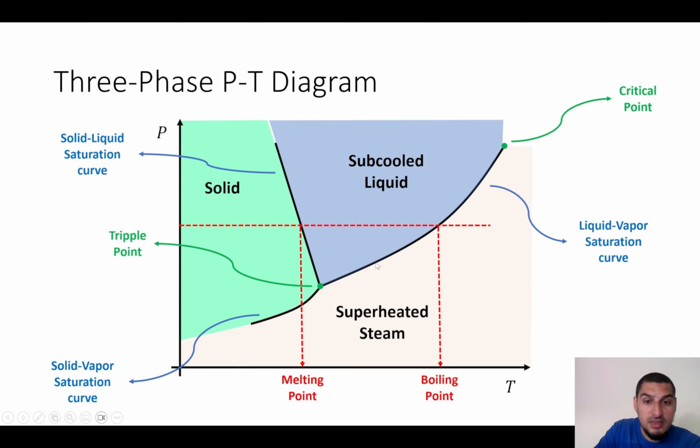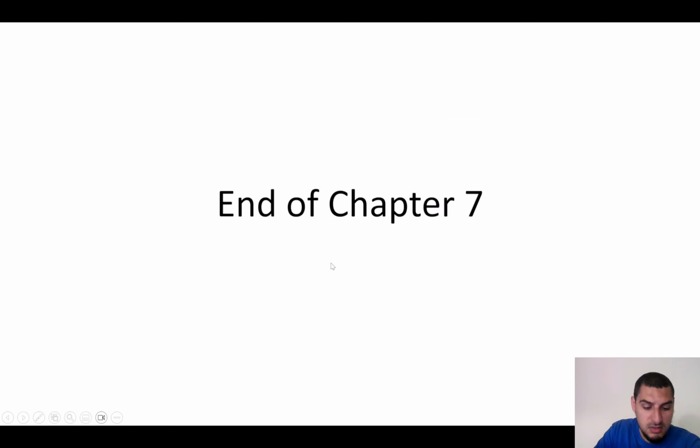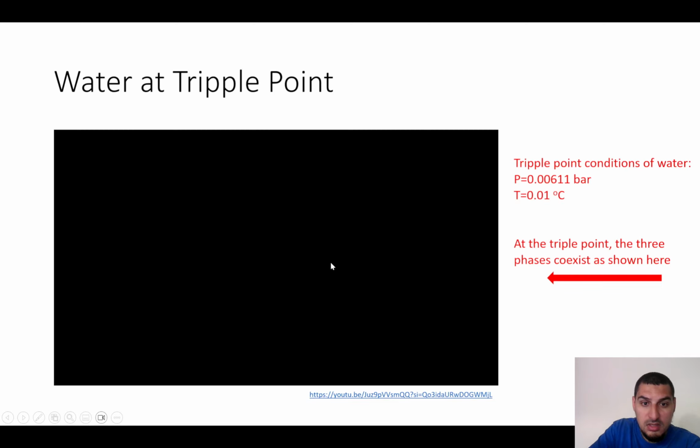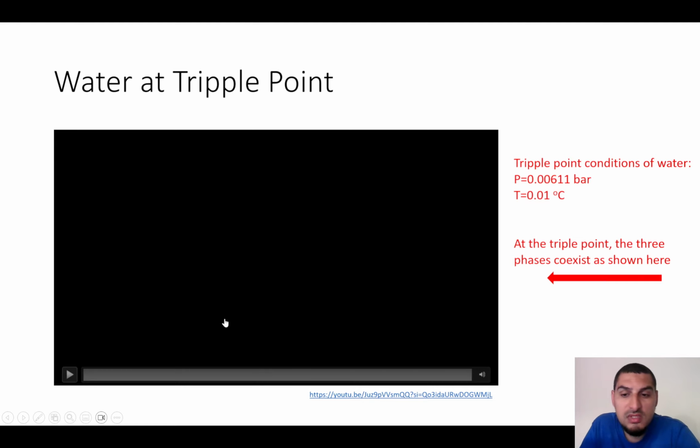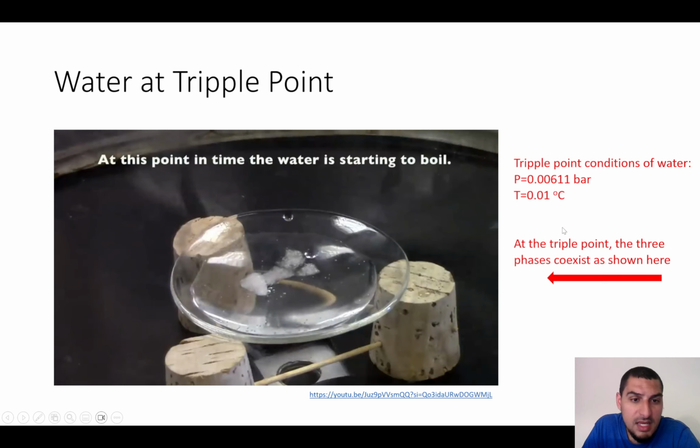Now let's look at the triple point, which is a very interesting phenomenon. So what we would see here in this video is water at the triple point. The triple point of water is at 0.00611 bars and 0.01 degrees Celsius.